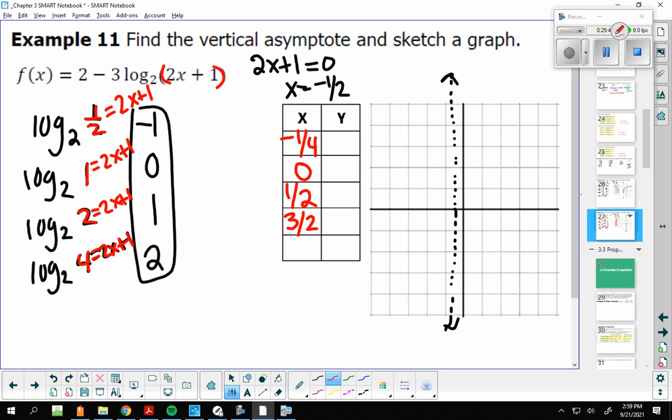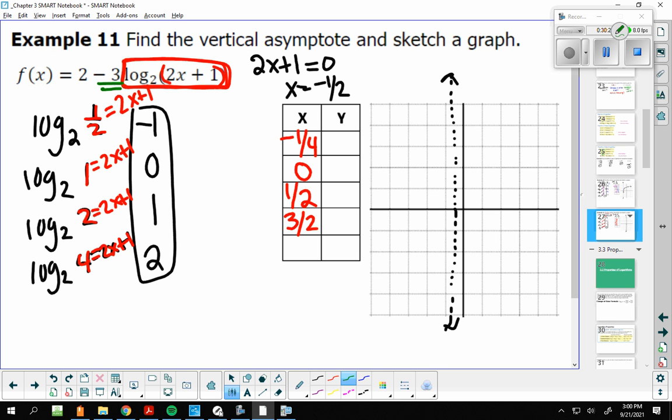If we plug in 0 for x, I get an argument of 1, so then I ask myself, 2 to what power gives me an argument of 1? And that would be 0. So we already did this part. Here are my answers, here are my exponents. So now my last part is this over here. We need to multiply by -3 first. You do not do 2 minus 3 here, because order of operations is multiplication first, then addition.